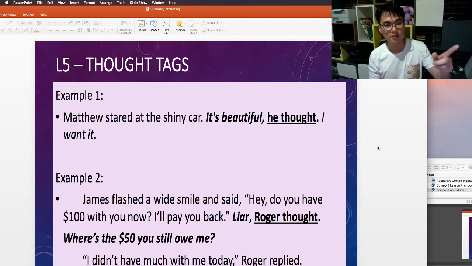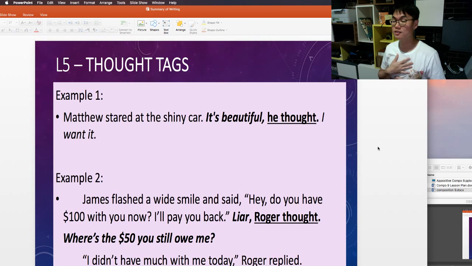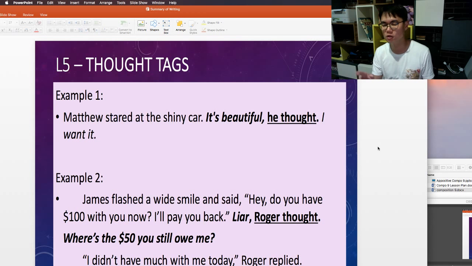So in this case, Matthew stared at the shiny car. What was he thinking? It's beautiful, comma, he thought. I want it, right? Can you hear Matthew's desire for the car, right? So his thought is, it's beautiful, comma, he thought, I want it. Or in the second example, James flashed a wide smile and said, hey, do you have $100 with you now?